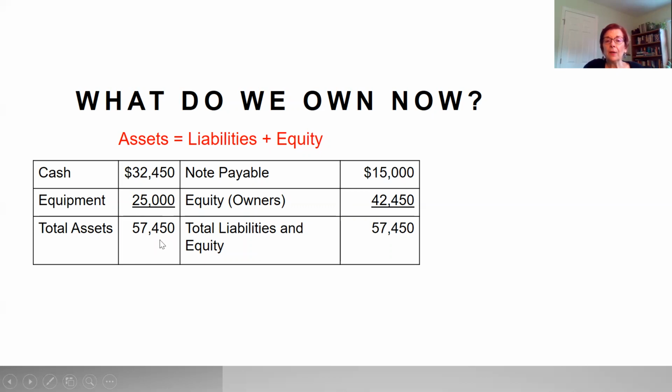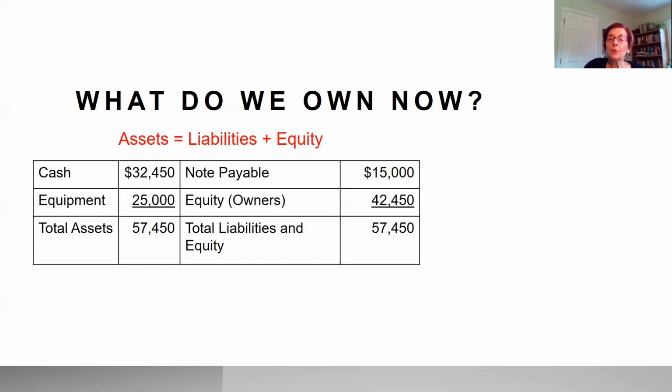Of the $57,000, we owe $15,000 to the bank. So that's not really our money, right? That's the bank's money. So we call that a liability. So we have $57,450 in assets, and the bank owns $15,000 of those assets. So the owners, we call this equity, the owners own $42,450.